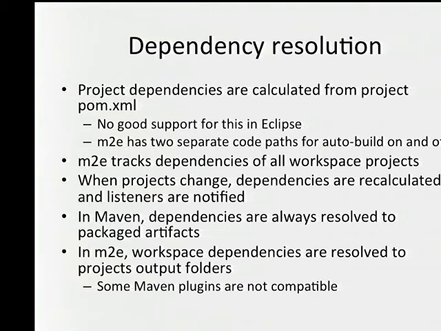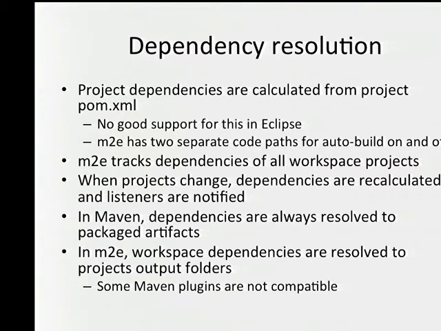So speaking of dependency resolution, one of the first features we introduced in m2e that didn't quite match what was happening on the command line was what we called workspace dependency resolution. So if you are familiar with PDE, how PDE has always worked, and how m2e has worked for maybe 5-7 years now, is that when one workspace project depends on another, instead of resolving the dependency to the artifact produced by the target project, m2e will use the project's output folder as the dependency.